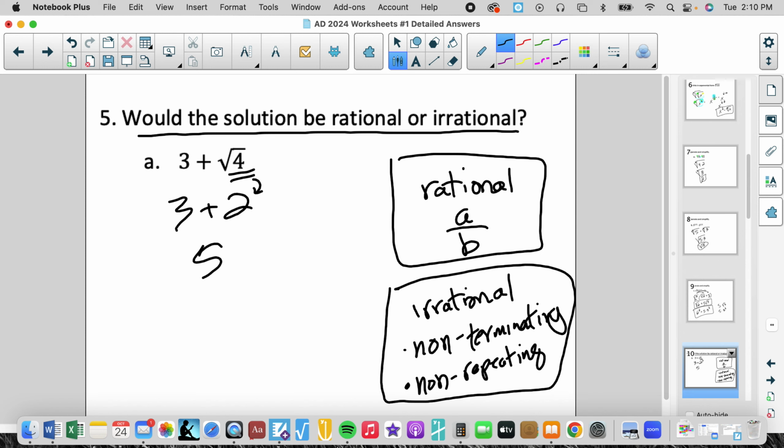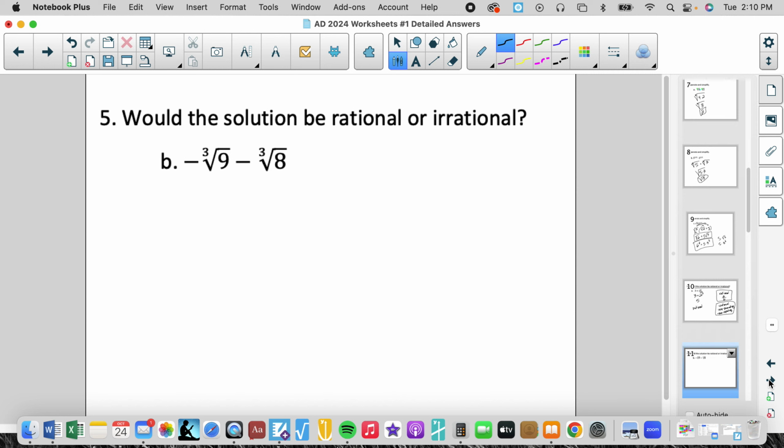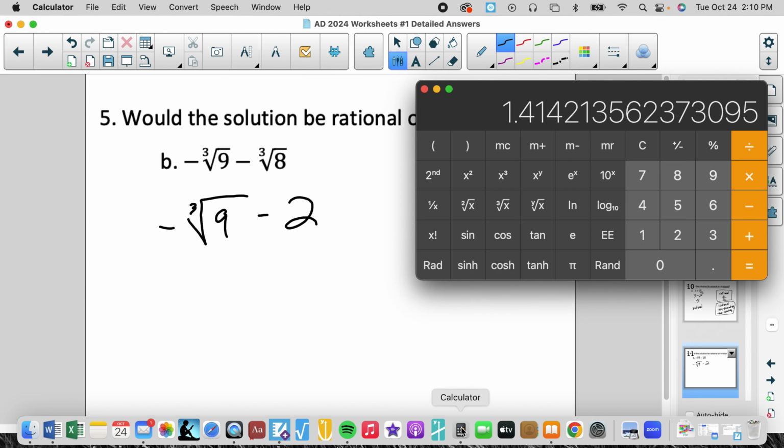So this is going to be rational. We have to simplify some of these radicals. So 3 plus rad 4 is a rational solution. Next, negative rad 3, or third root of 9, minus the third root of 8, which equals 2. But the third root of 9 is going to be irrational.